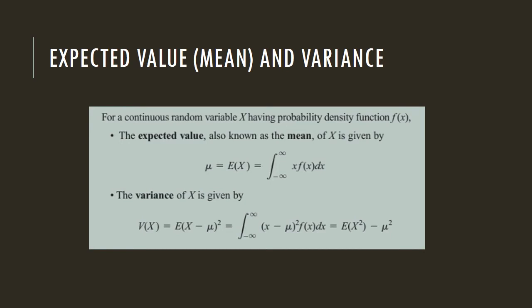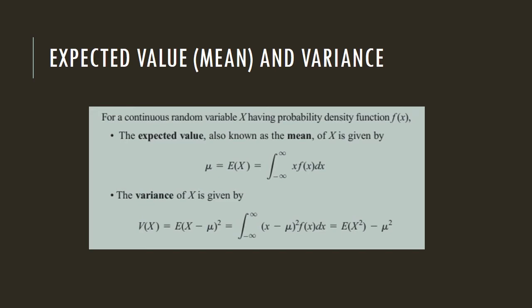For the expected value, the mean is equal to the expected value of X, which is equal to the integral from negative infinity to positive infinity of x times f of x. And to calculate the variance, we use the formula: the variance of X is equal to the expectation of the quantity (X minus mean) squared.